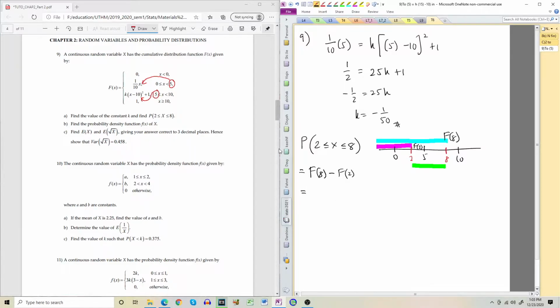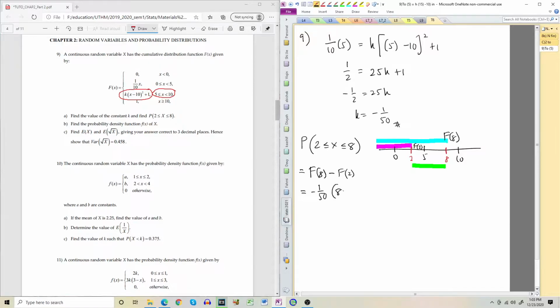So 8 falls in this interval, so we have to take this function. We already found k is negative 1 over 50. So replace k with negative 1 over 50.